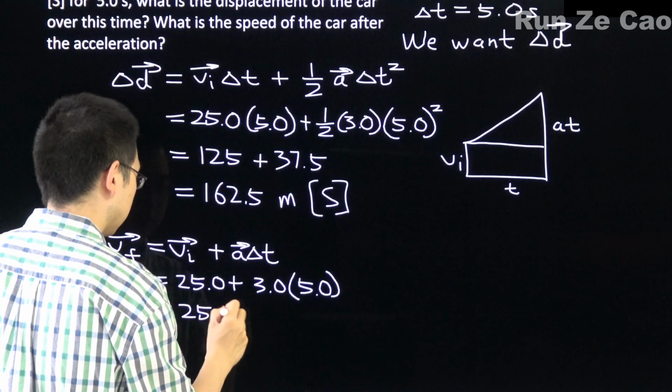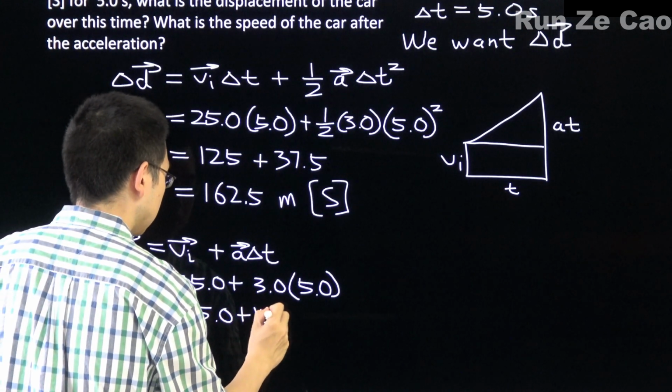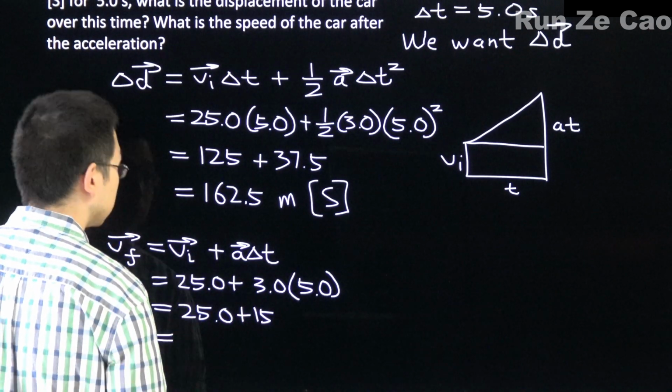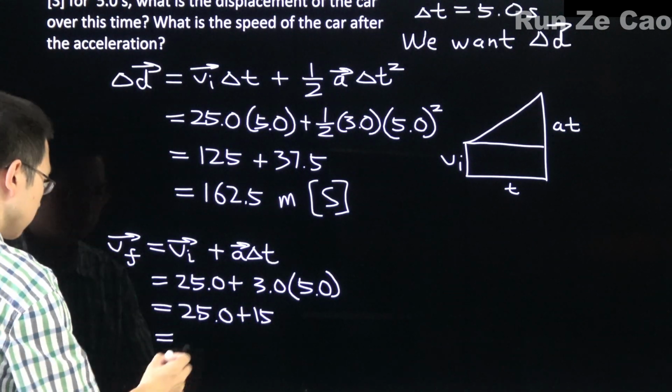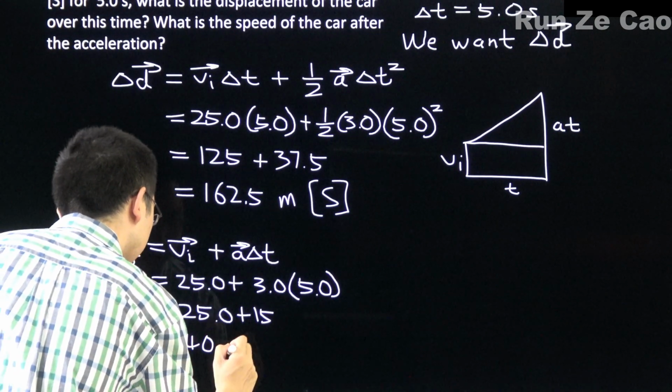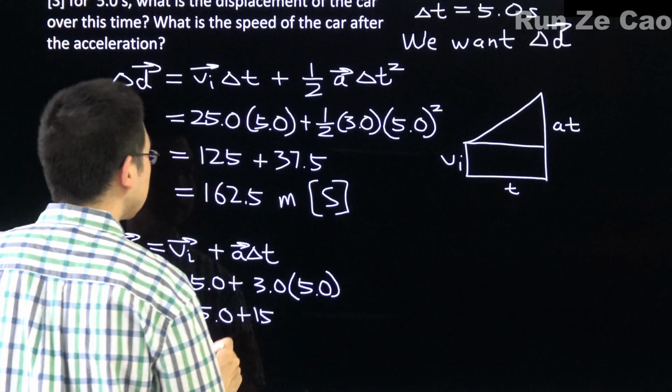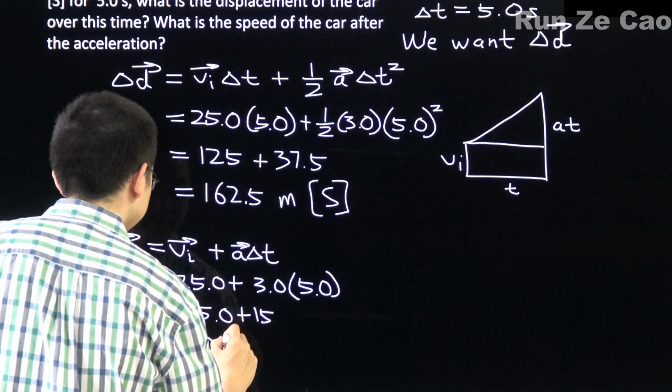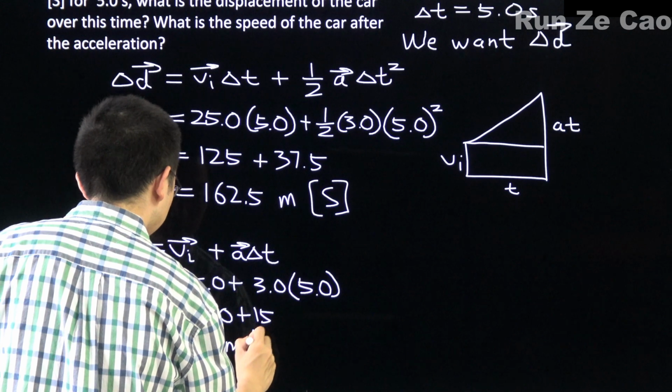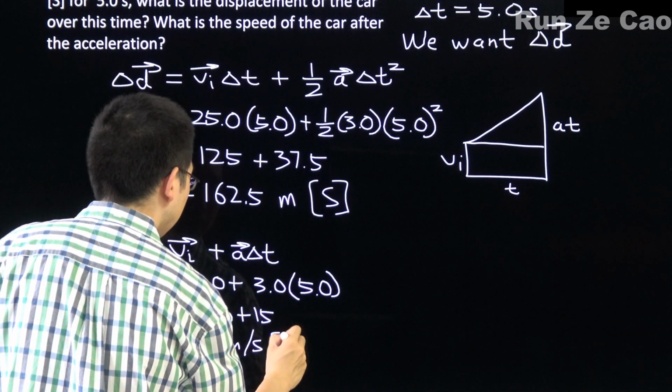So 25.0 plus 15 is equal to 40. And this is given in meters per second south.